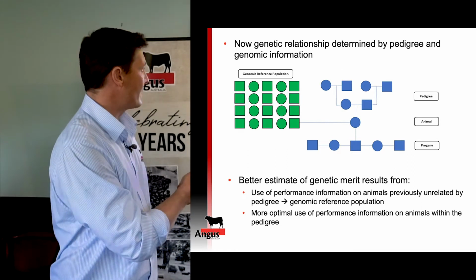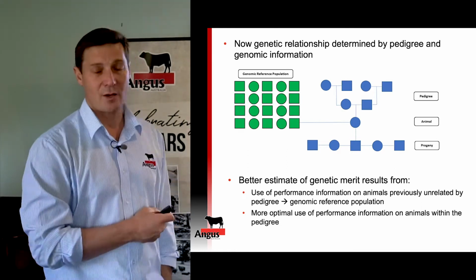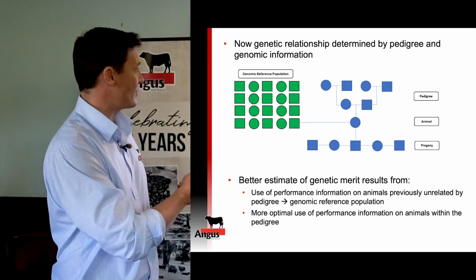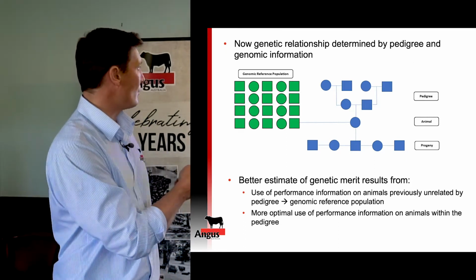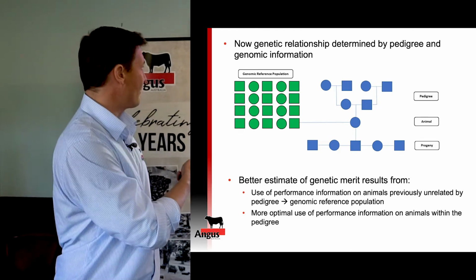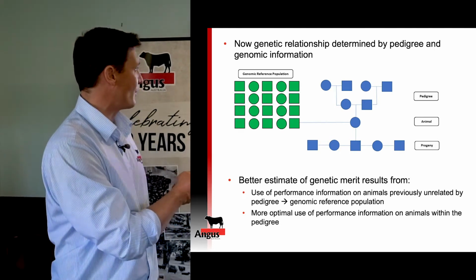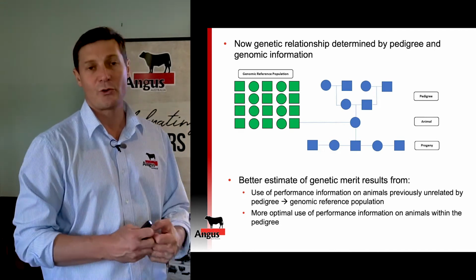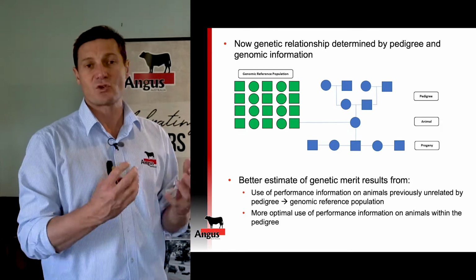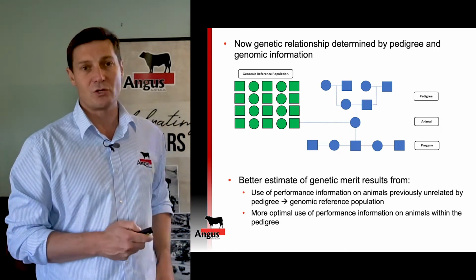So if the animal has DNA, and we've got the animals out here in the genomic reference population with DNA, we can use that to determine the genetic relationship between that animal and that genomic reference population, and start to use the performance information collected on the genomic reference population to help estimate the animal's breeding value. So we suddenly get an additional source of information.